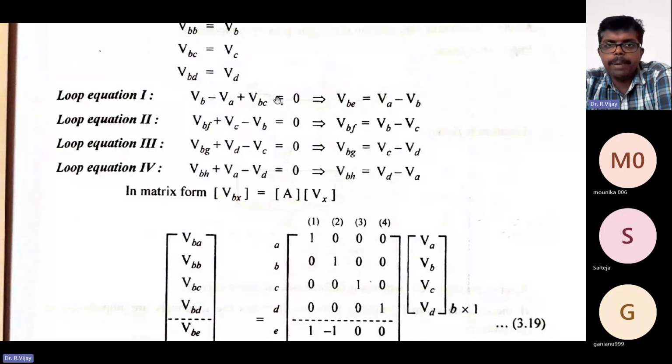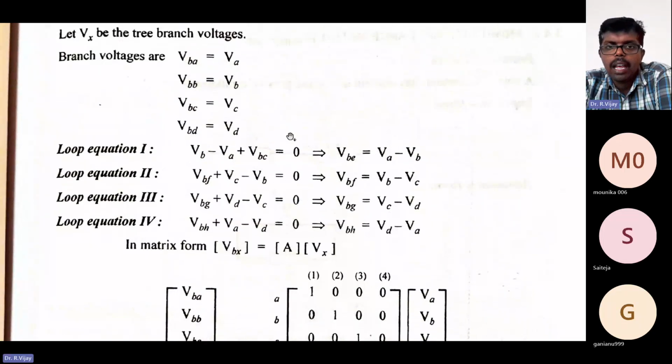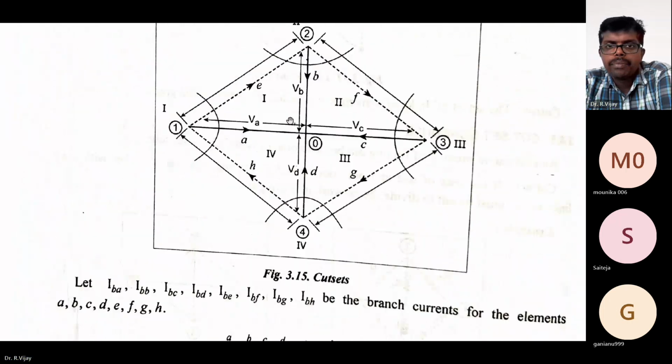VB minus VA plus VBC is equal to 0. If you take it in this clockwise direction like this, VB minus VA, why? Because it is coming in the opposite direction to the arrow mark.